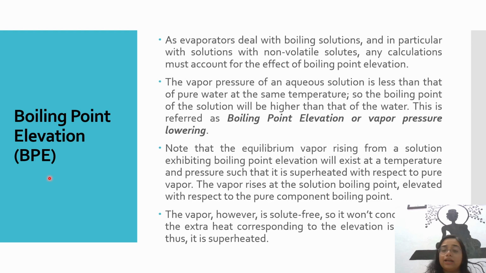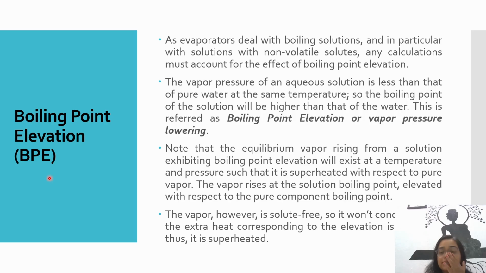Generally in numerical problems, the value of boiling point elevation is given, or otherwise you can follow the Duhring's plot for getting this boiling point elevation. In short, in case of a pure solvent, if we add a significant amount of solute, the boiling point gradually starts to increase.